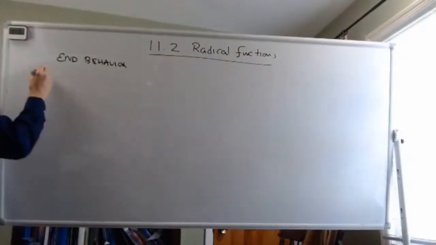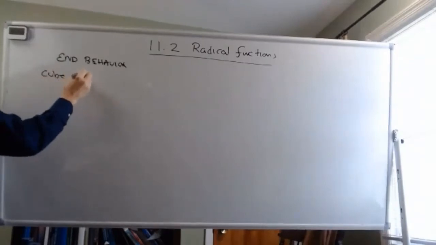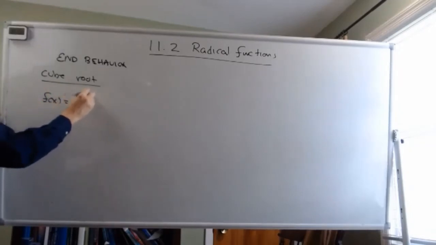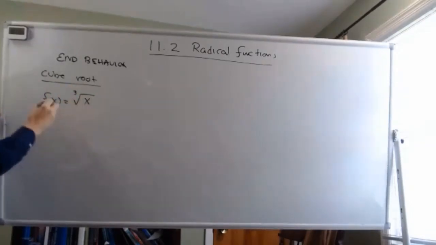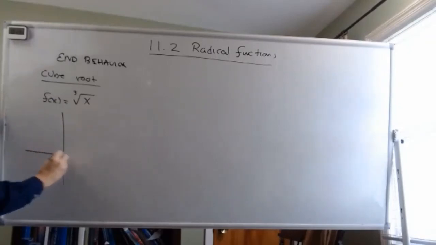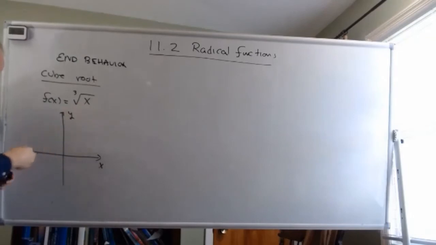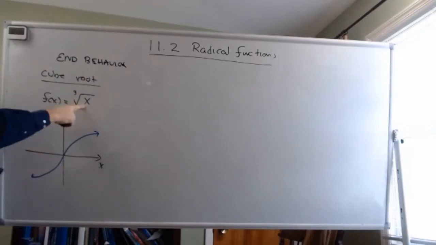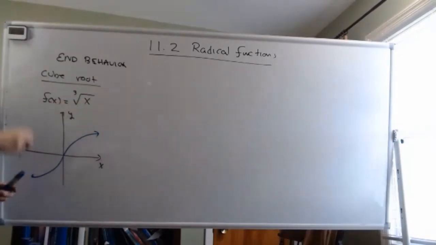But now let's take a look at the cube root. That's a lot different and a lot easier to deal with. Say, for example, I have f of x equal to the cube root of x. Again, its graph looks like this. In this case, I don't care what the sign is under the radical. So I have two cases.